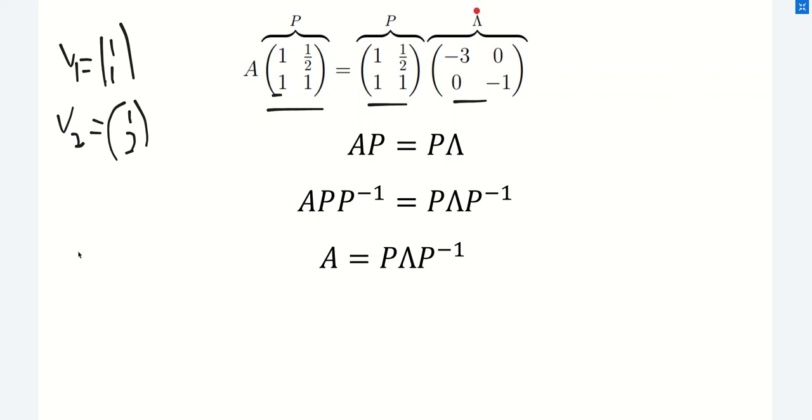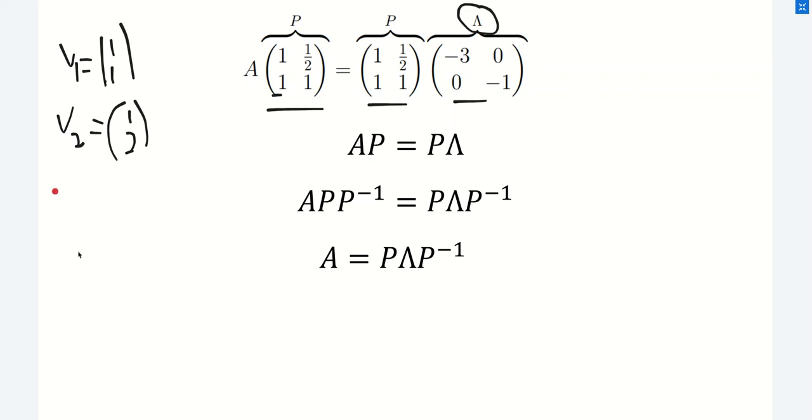Then this is a diagonal vector. We've done diagonal vectors. Diagonal vectors have entries on the diagonal, and apart from that, any other entry is zero. Now, if you look at this diagonal vector, you will see that it's also equal to the eigenvalues, -3, -1.